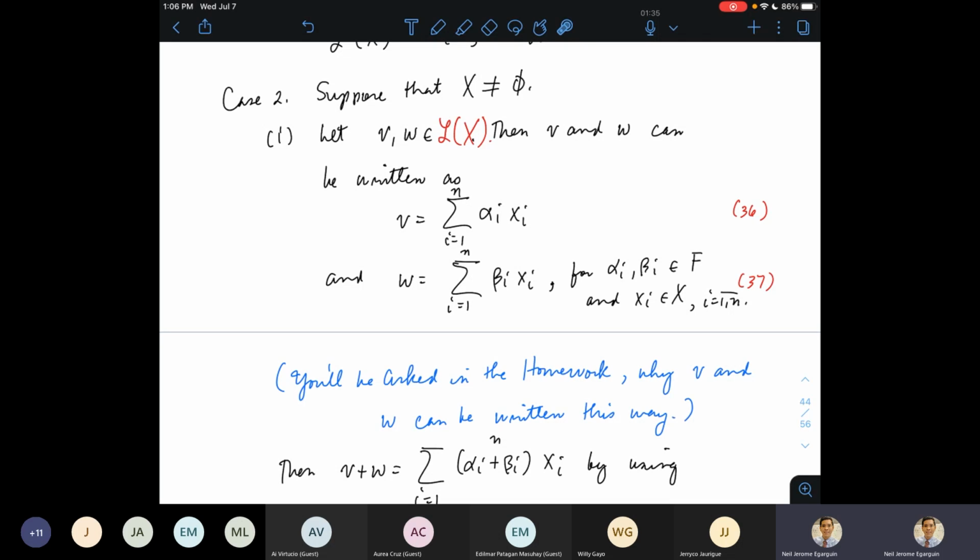Is the question clear? Or do I need to repeat it again? Or are you still digesting the question? Did you see the complication, or the specificity of 36 and 37?